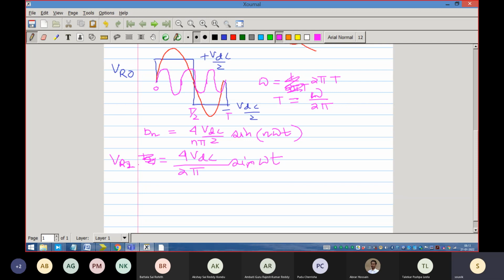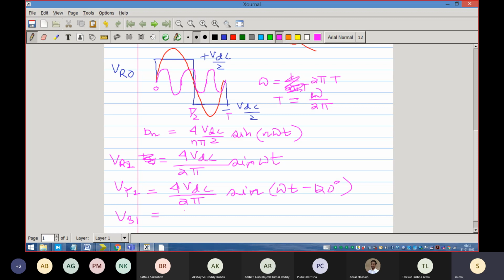VR fundamental is this. Then Vy1 is nothing but the same magnitude, 4 VDC by 2 pi, into sine of omega t minus 120 degrees.